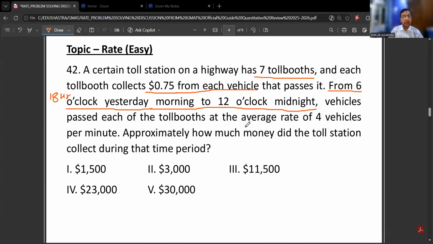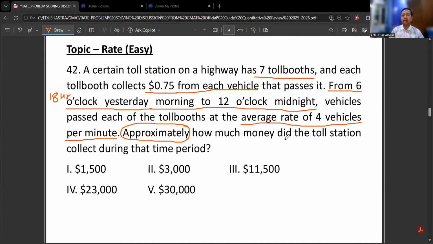So I am on a mission of giving you one concept understandable. So average rate of 4 vehicles per minute. So every minute there are 4 vehicles moving. Approximately. We do not require the exact answer. We need an approximate answer.